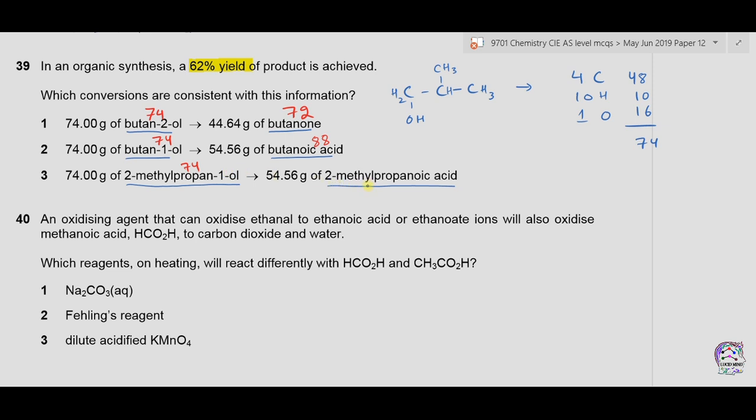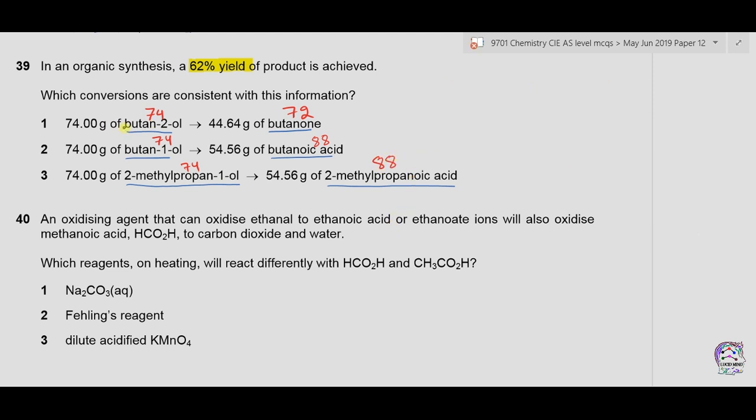And for the last one, we have 2-methylpropanoic acid. So in total there are 4 carbon atoms, 8 hydrogen atoms, 2 oxygen atoms. So the molecular mass is 88.